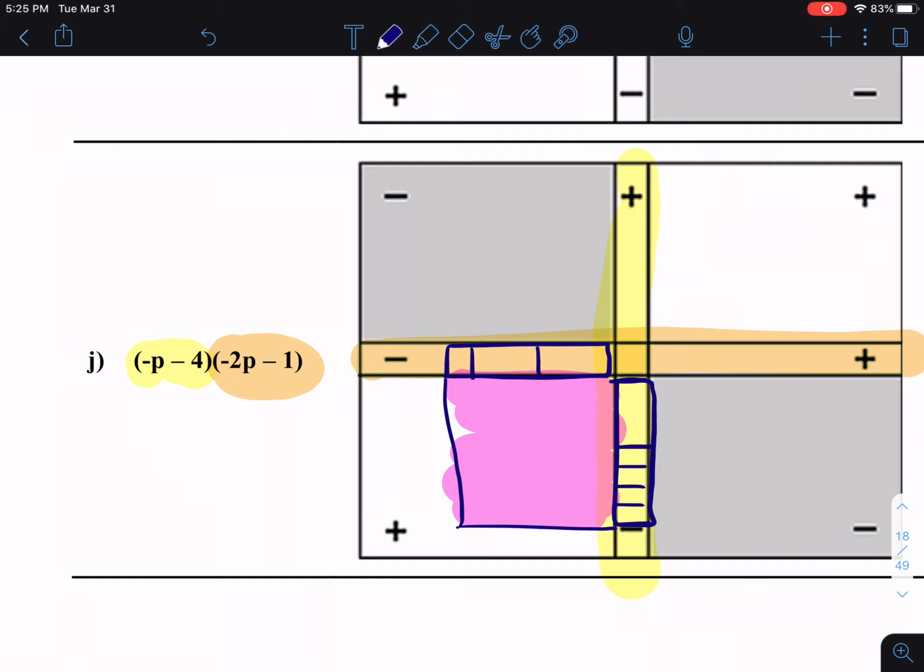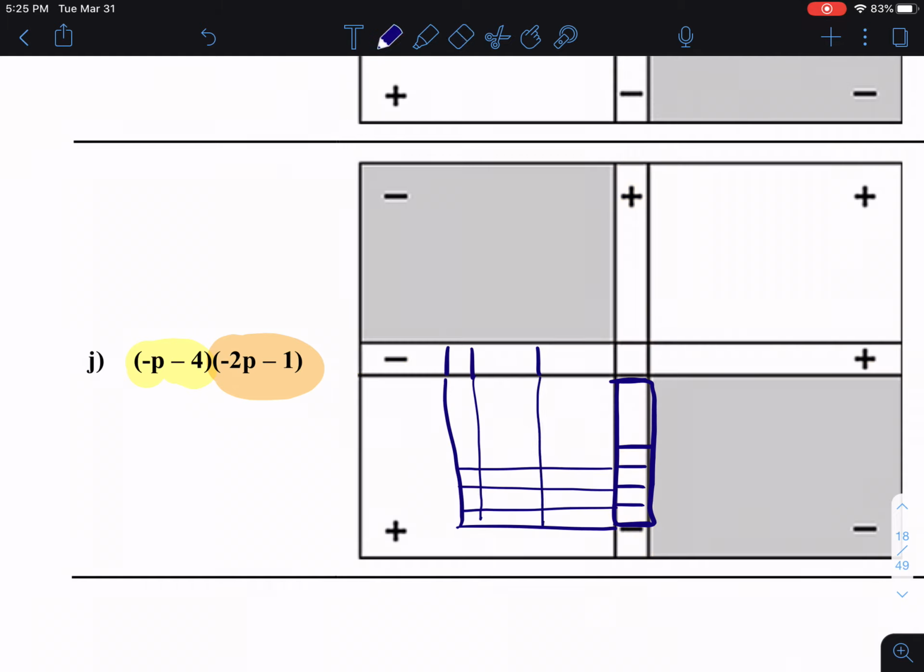So if we want to line everything up nicely, pardon my curvy lines, okay, what we see is a couple of regions. Let me actually highlight those regions.